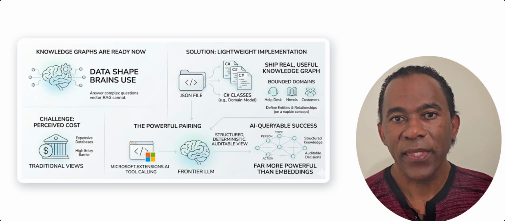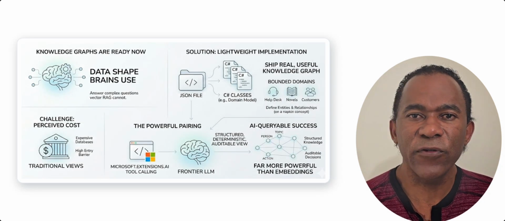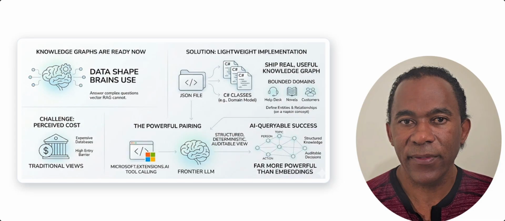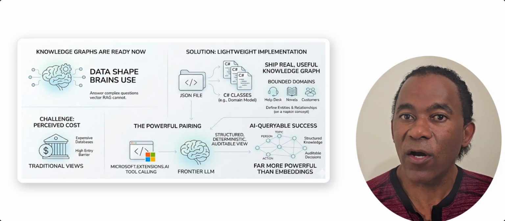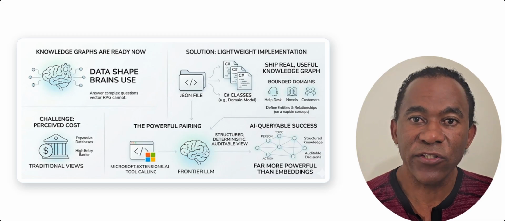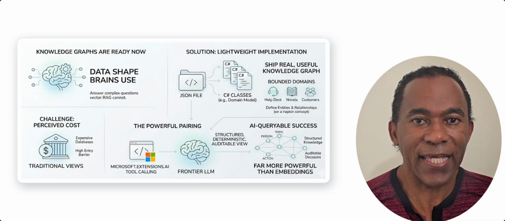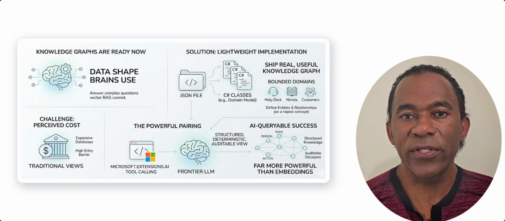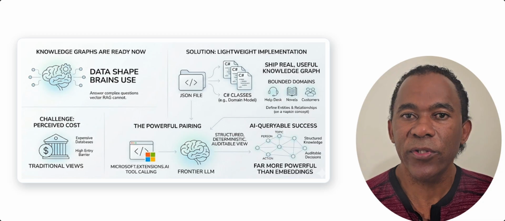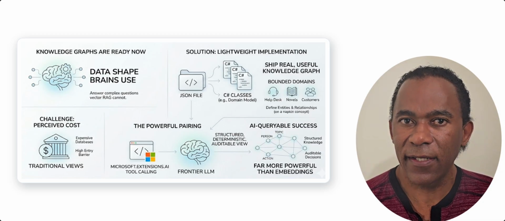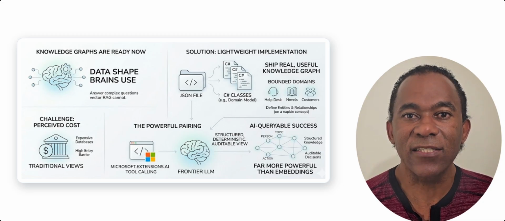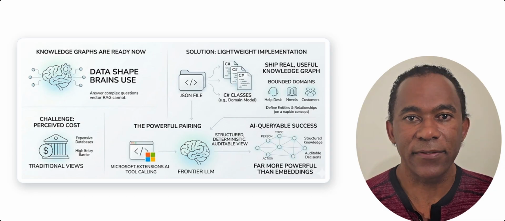So look, knowledge graphs are not some futuristic enterprise thing. They're a data shape your brain already uses. They answer questions vector RAG cannot. And the only reason most teams haven't adopted them is because the industry has trained us to think that knowledge graph means expensive database. It doesn't.